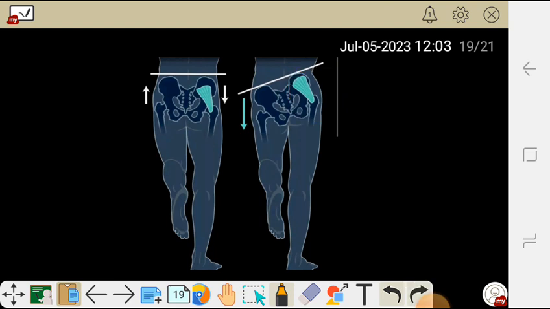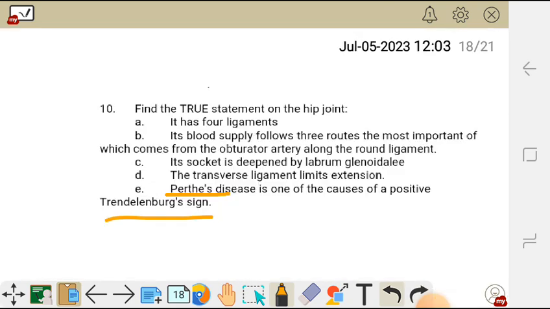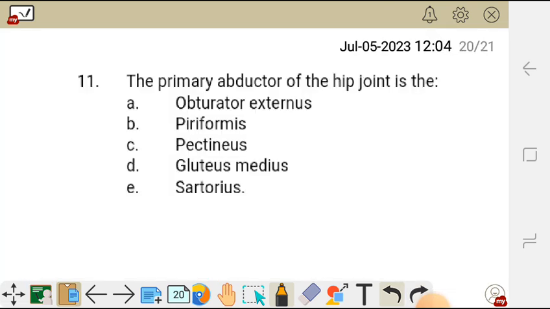So when you are standing on one leg, the weakened part is going to be raised up, and the part which is normal is going to be lowered, causing this type of sign, which is called the Trendelenburg sign. Okay, so the true statement is E for question 10.